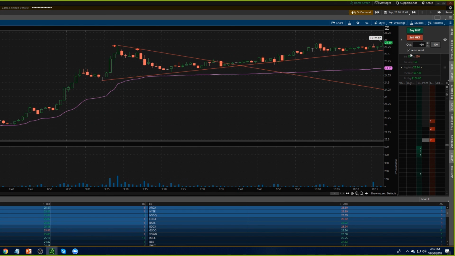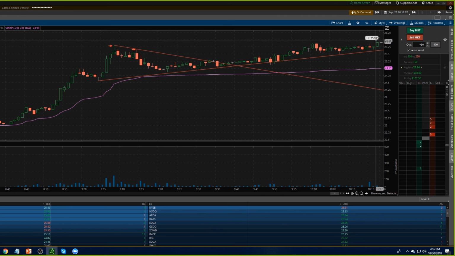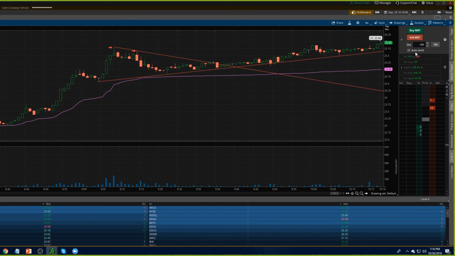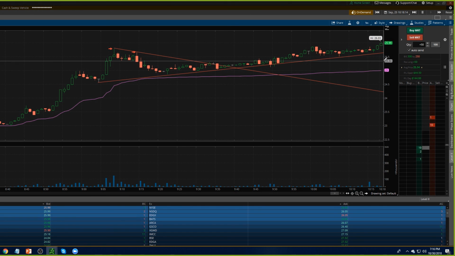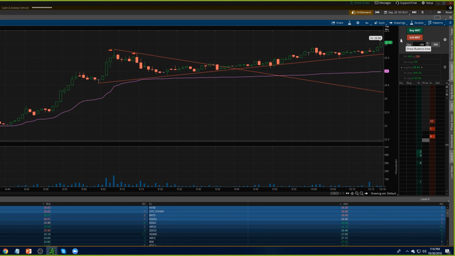A lot of times you can measure the pole and use that as your guidance for maximum potential gain. I like doing that. In this case, the bottom of the pole was 24.70 up to the top, which was at 25.79. So essentially near $1 on this breakout, you can look for it. So really close to matching the pole of the stock.